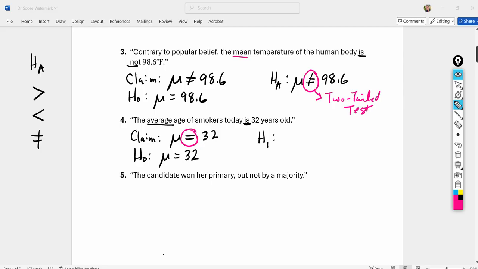So you take the complement. So this is not allowed for the alternative hypothesis. I take the complement, and the complement of the equal sign is not equal. And so now I look at the symbol in the alternative hypothesis, and since it's the not equal symbol, it tells me I have a two-tailed test.